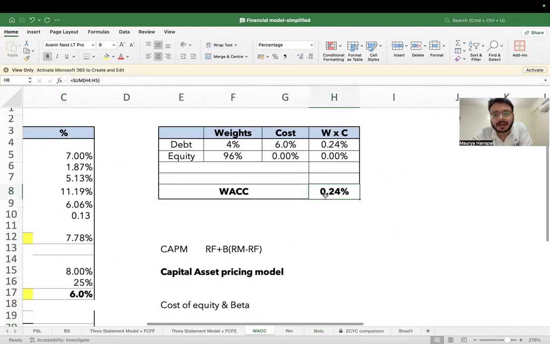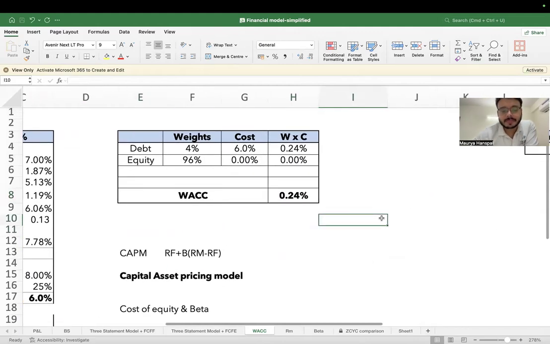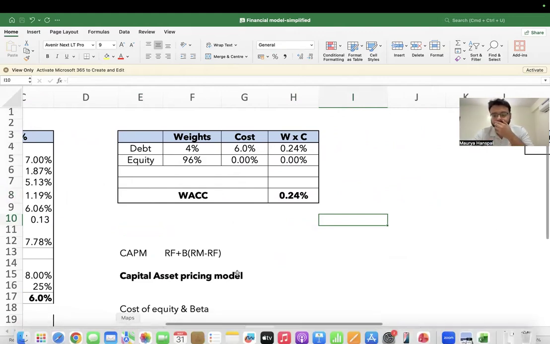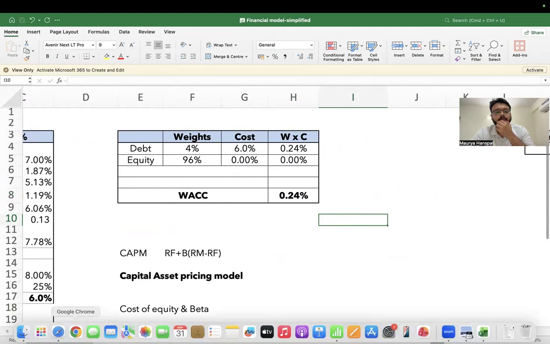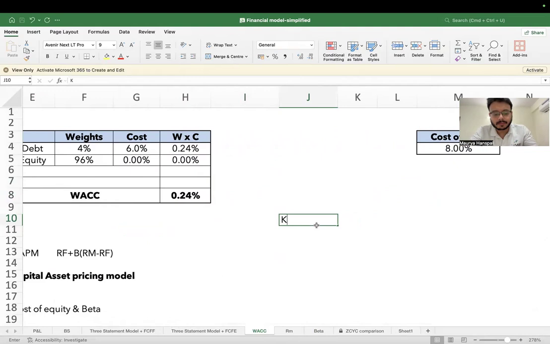Now, how can I calculate my WACC? What is the formula for WACC? If I just go to the Word document, simply, it is your cost of equity into the weight of equity plus the cost of debt, which is denoted by KD, into the weight of debt into 1 minus taxation.